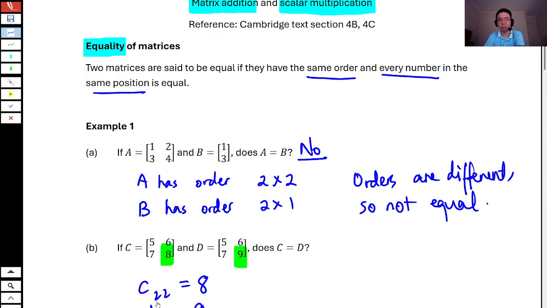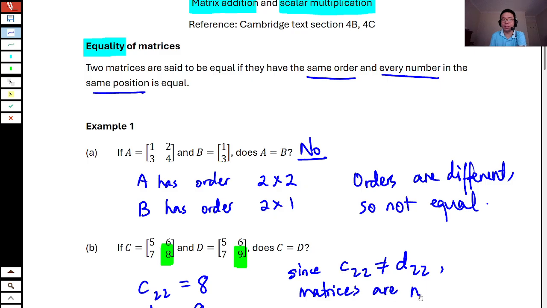Remember, C22 means the number in row 2, column 2, and D22 refers to the same position, but in matrix D rather than C. Since C22 is not the same as D22, the matrices are not equal. So I've shown that there's a different element. So this statement is also false as well.